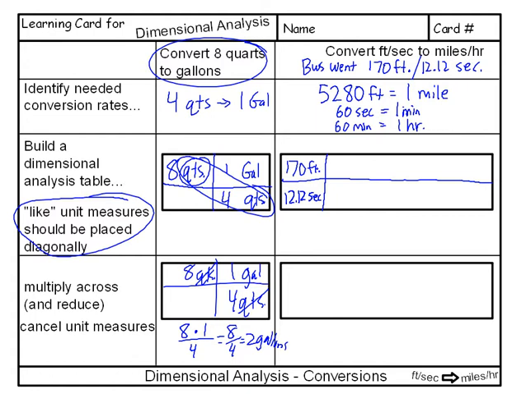See how these feet are up here? We're going to put feet down here so that we eventually get to cancel that out. What did I want to get feet to? Miles. Okay, and then we also had seconds down here, so I'm going to put seconds up here because I want to cancel that out. Seconds to what? Well, minutes is what I had in my conversion, and then I want to cancel out the minutes eventually and get it to hours. Okay, so I put the minutes up here.